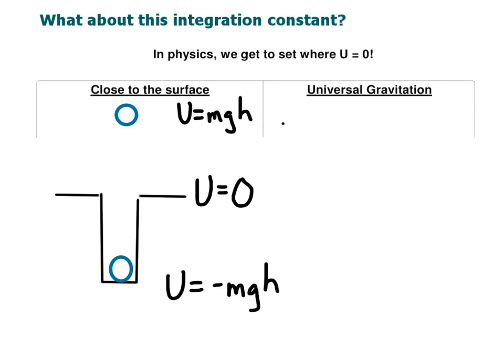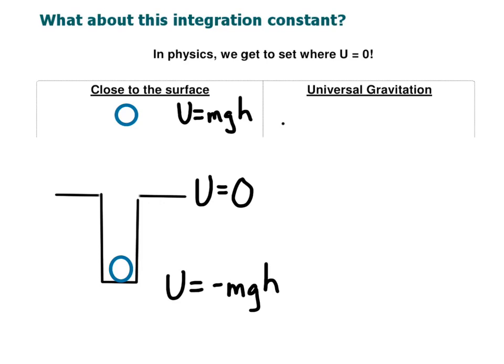So when you're above ground, you have a potential energy greater than 0, and below ground, you have a potential energy that is less than zero. The only reason that's true is because we determined that at ground level, the amount of potential energy that the object has equals zero. And that's what we do with that integration constant.